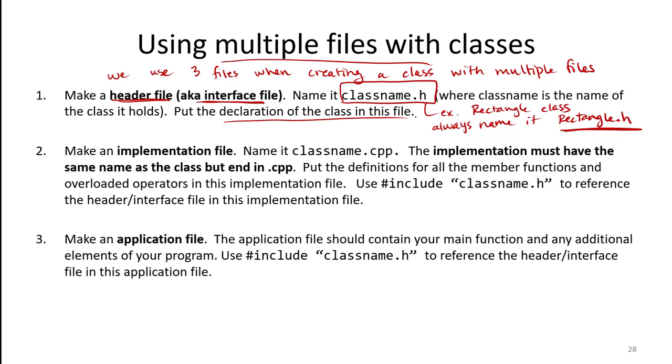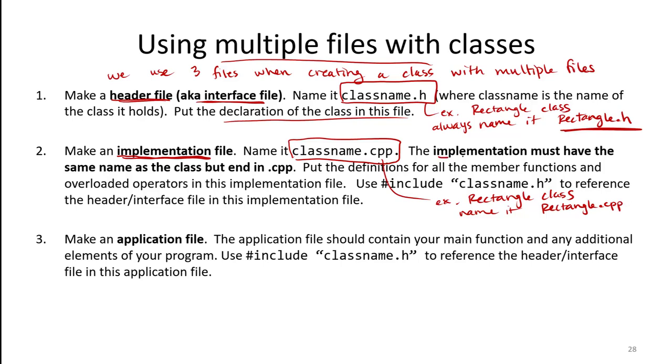The second file we create is called the implementation file. This file will always have the name classname.cpp. So for example, with the rectangle class, we name the file rectangle.cpp.